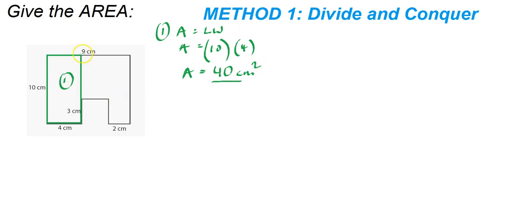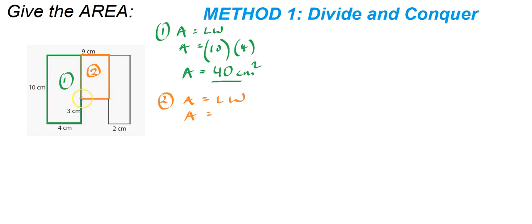Let's try this particular rectangle right here. I'll call this one rectangle number 2, and I'm going to try and find out its area using my formula, area equals length times width. So let's see if I know what the length is. That's not clear. I'm going to have to do some working out.